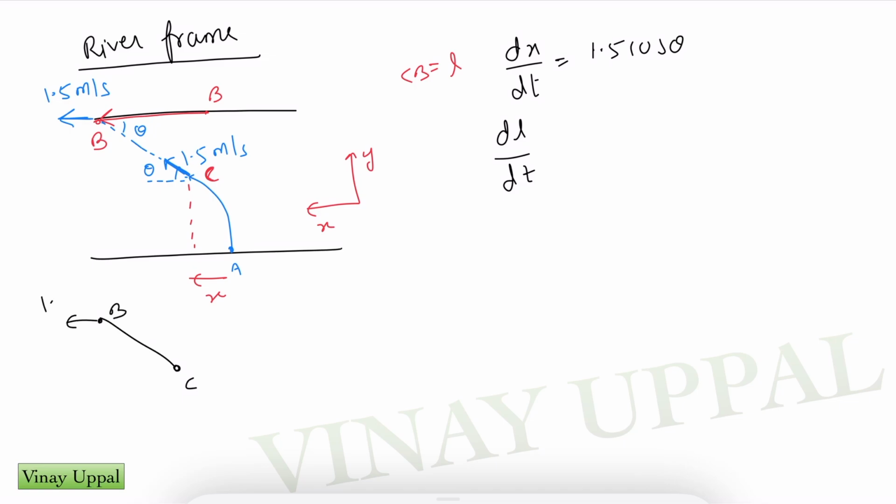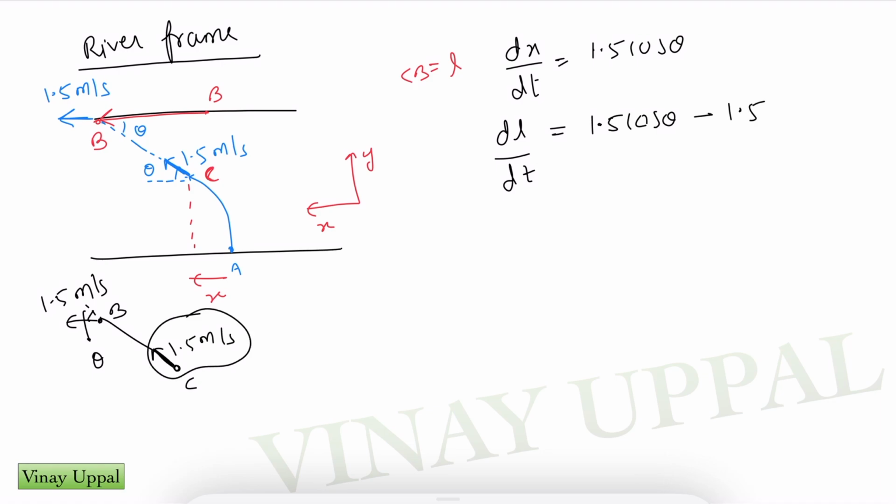point B is traveling to the left with 1.5 meter per second, point C is traveling towards B with 1.5 meter per second. So dl by dt is going to be 1.5 cos theta, the component of the velocity of B along the line joining B and the boat, minus 1.5. So this 1.5, the velocity of the boat, is trying to decrease the length L. Alright, I'm going to integrate this equation.